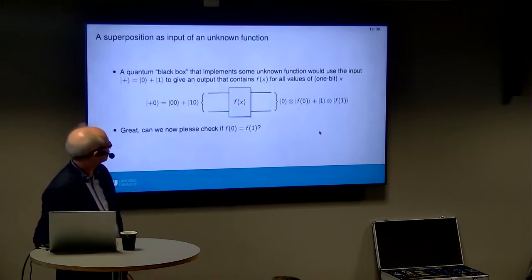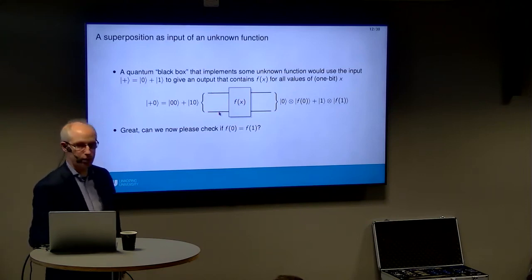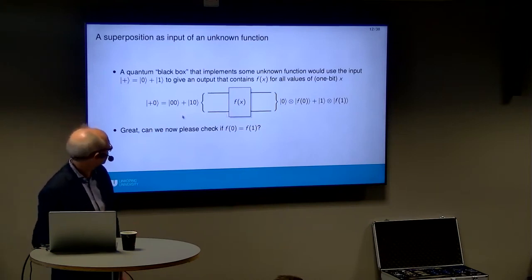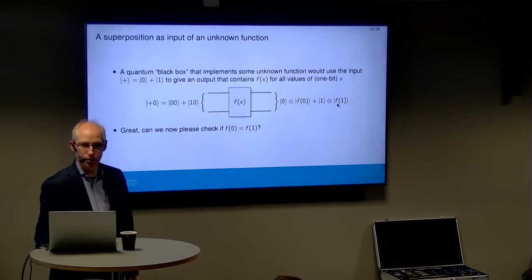So if I have an unknown function here, and I send 0, 0 and 1, 0, so this is the input, and here's a space to put the target, the function value, I get 0 on the input and the function value of the 0. I get 1 on the input and the function value of the 1 at the same time. Oh, neat.